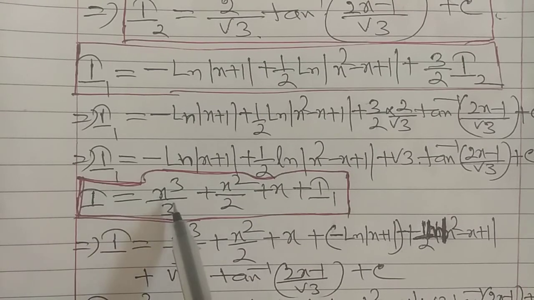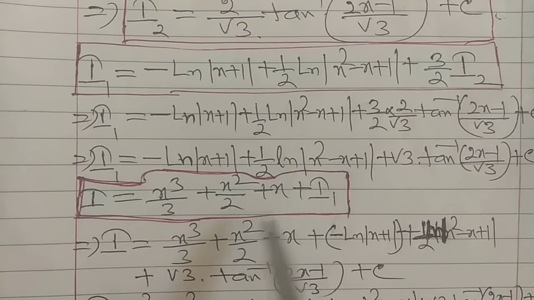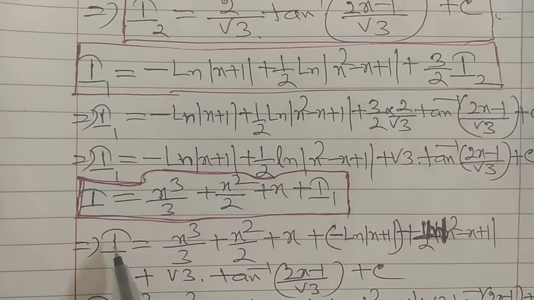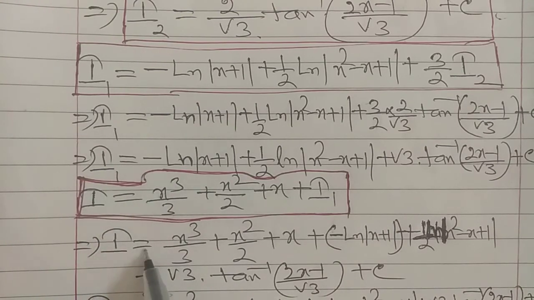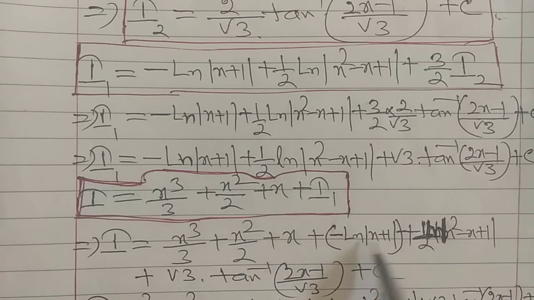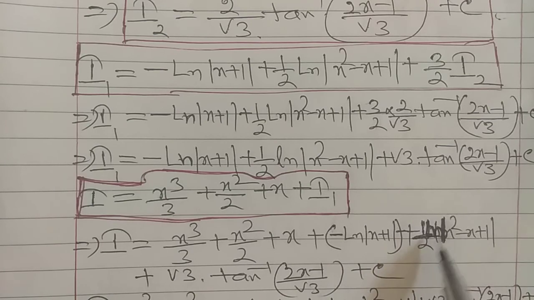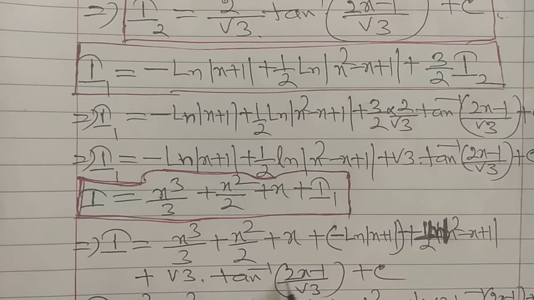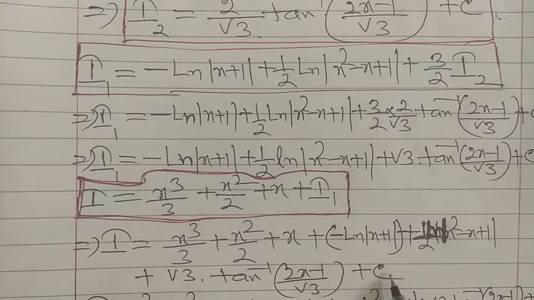Again we have I is equal to x cube by 3 plus x square by 2 plus x plus I1. So this implies, putting the value of I1 in I, we have I is equal to x cube by 3 plus x square by 2 plus x plus, here I1 is equal to minus ln modulus of x plus 1 plus 1 by 2 ln modulus of x square minus x plus 1 plus root 3 into tan inverse of (2x minus 1) by root 3 plus c.